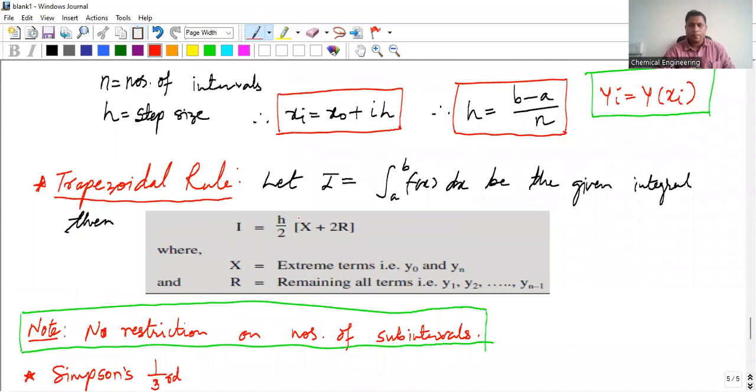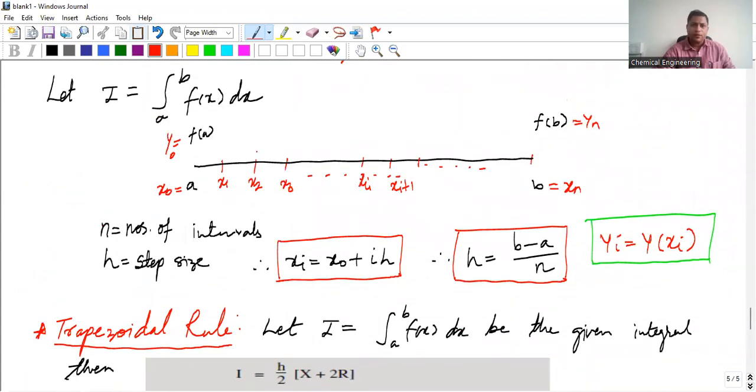Yes. So here, what we have considered is the given interval from A to B. This A to B is an interval where we have to integrate this integral, where we have to find the value of this integral. So we are dividing this interval A to B into smaller parts to approximate the area.